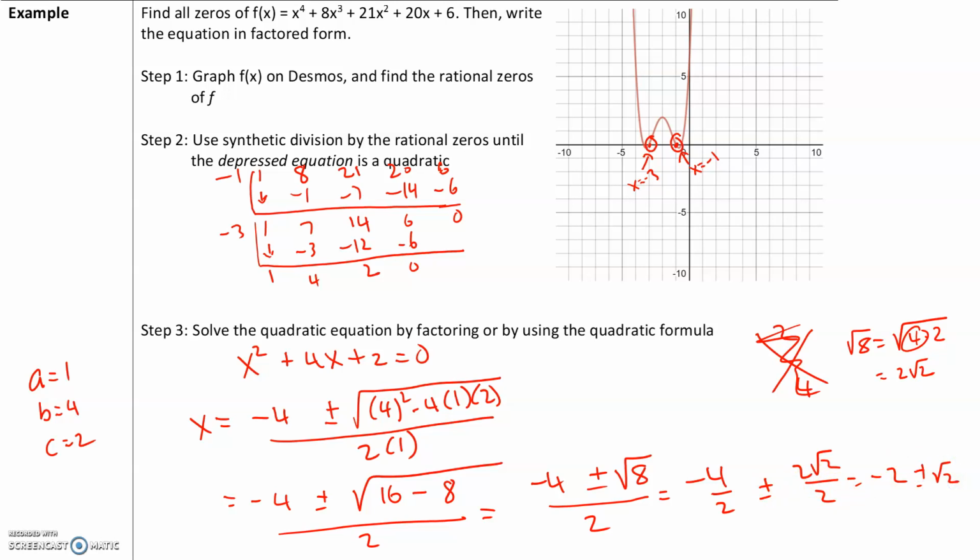So our zeros, and there are 4 of them because we have a degree 4 polynomial, which we have to list out, are going to be -1, -3. Those are our rational zeros. And then we have -2 plus or minus radical 2. In My Open Math, you might have to list those out as -1, -3, and then -2 plus radical 2 and -2 minus radical 2.